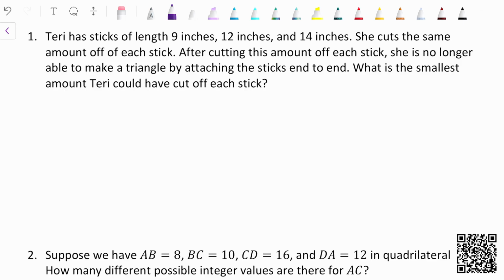Since the only way that Terry could not make a triangle anymore is if the lengths of the two shorter sticks added up is no longer greater than the length of the longer stick.